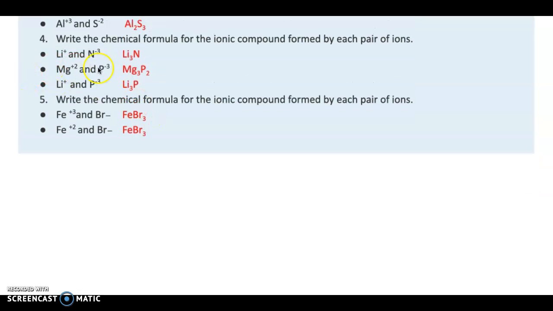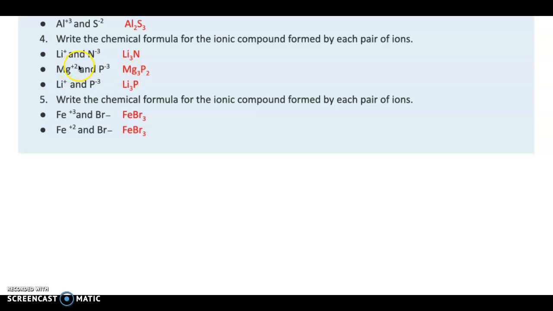Question number 4, same type of question. Lithium and nitrogen. Lithium will get 3 from nitrogen. Here's our nitrogen. And nitrogen will get 1 from our lithium. We just do not write 1. Magnesium and phosphorus.